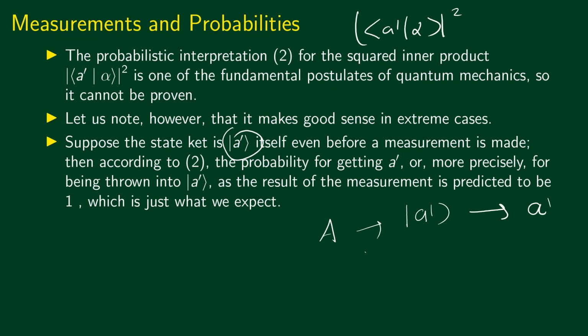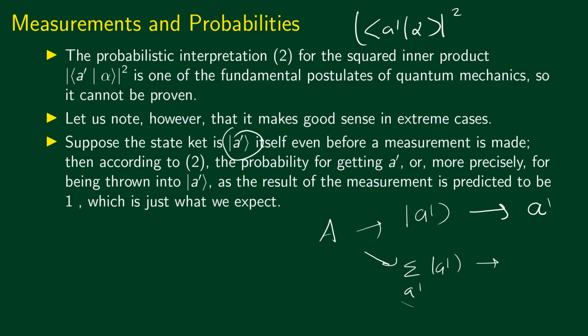Now, if you are making a measurement of A on a superposition of these eigenkets, which are also possible states in quantum mechanics, then we will get one of the eigenvalues, and we don't know which. Quantum mechanics will give us the probability for getting each eigenvalue.